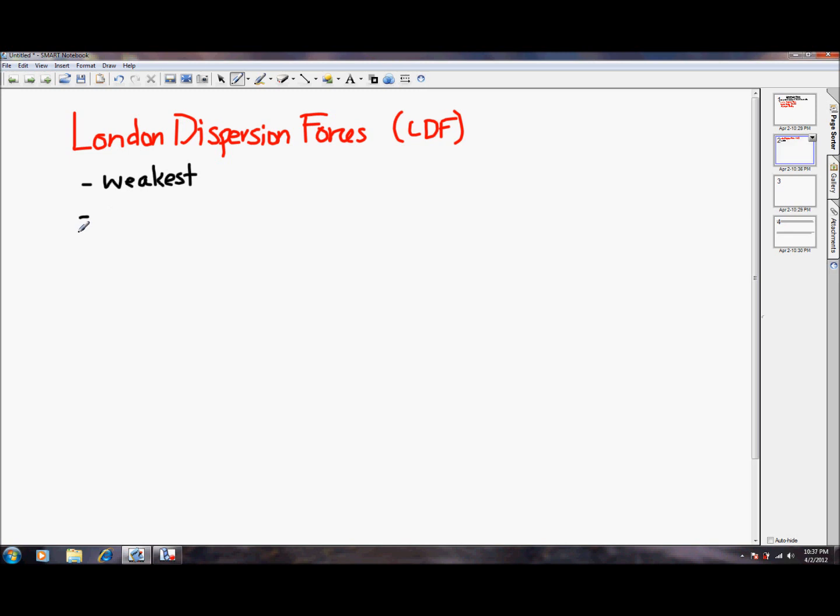So the next question is, what actually creates this London dispersion force? Well, first of all, it's temporary. That's the reason why it is so weak.